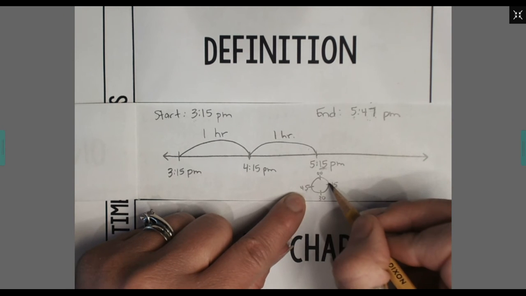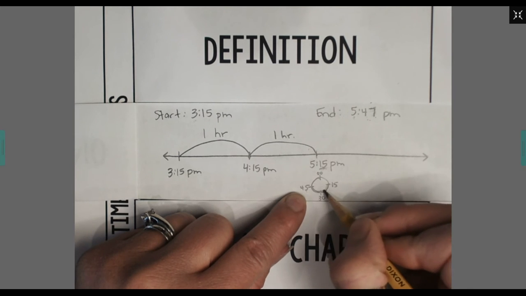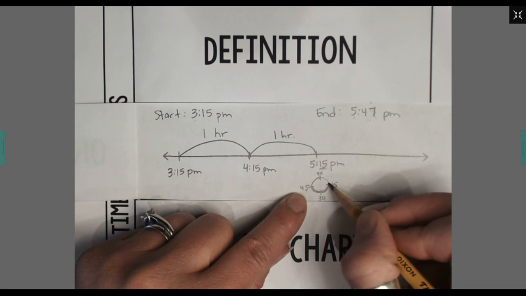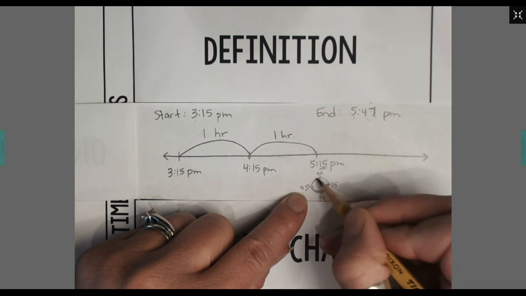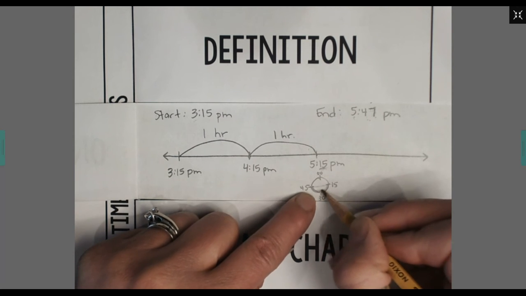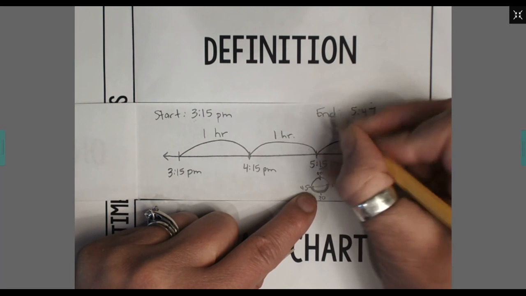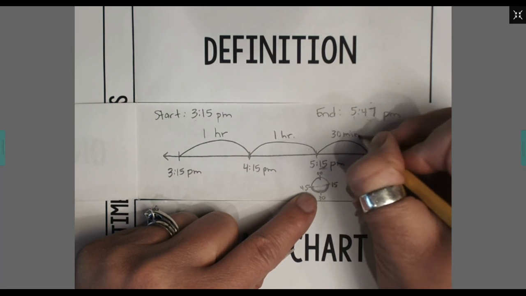So because the amount of time that elapses with half a, what's the word I'm looking for? Half a rotation around a clock, just half of it, how much time elapses? Once again, this is something that you guys probably should know by now. That's 30 minutes. So 30 minutes.